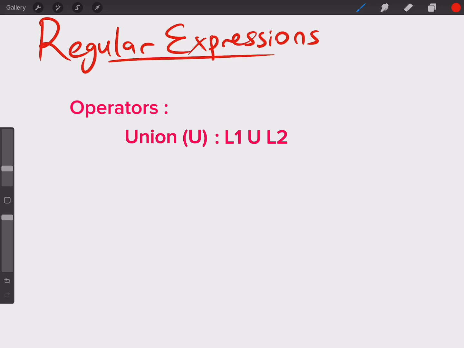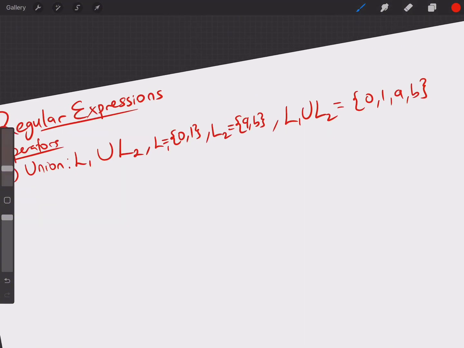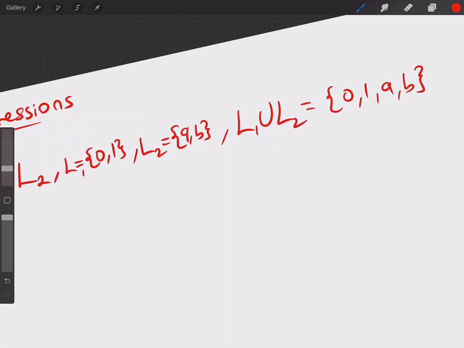L1 could consist of, let's say, 0 and 1, and L2 can consist of, let's say, A and B. The union of that would be 0, 1, A, B. The languages can be a little more complicated than this, but that's just for the example. So that's union.